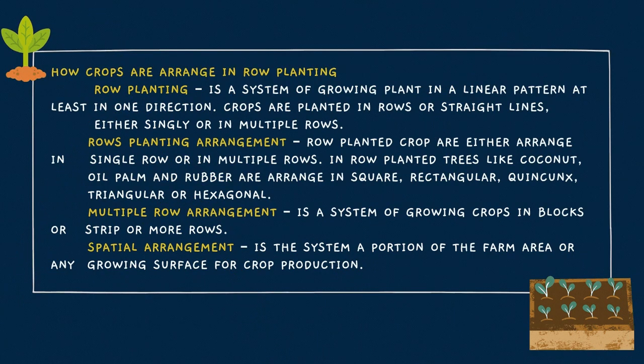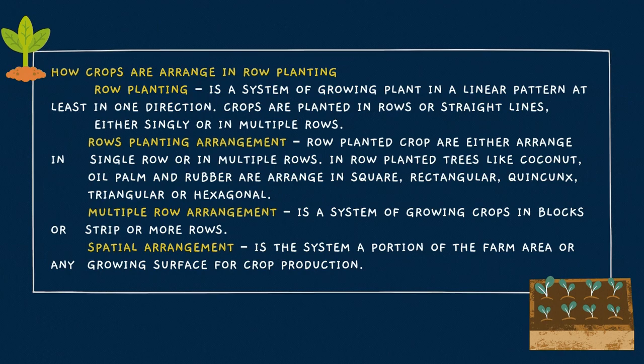How crops are arranged in row planting. Row planting is a system of growing plant in a linear pattern at least in one direction. Crops are planted in rows or straight lines, either singly or in multiple rows. Rows planting arrangement.